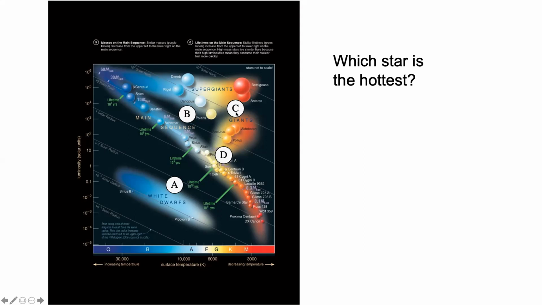If we follow star C all the way down, we would see that it is in the lowest end of the temperature range of these four choices. And so A is the hottest, C is the coolest. C is the largest, A is the smallest. D is a main sequence star. Based on where these four are, C is also the most luminous. A is the least luminous.